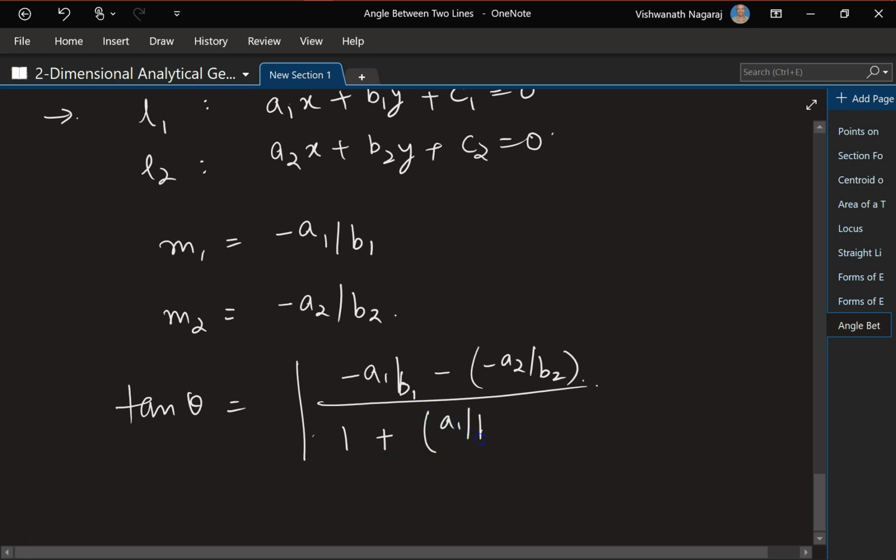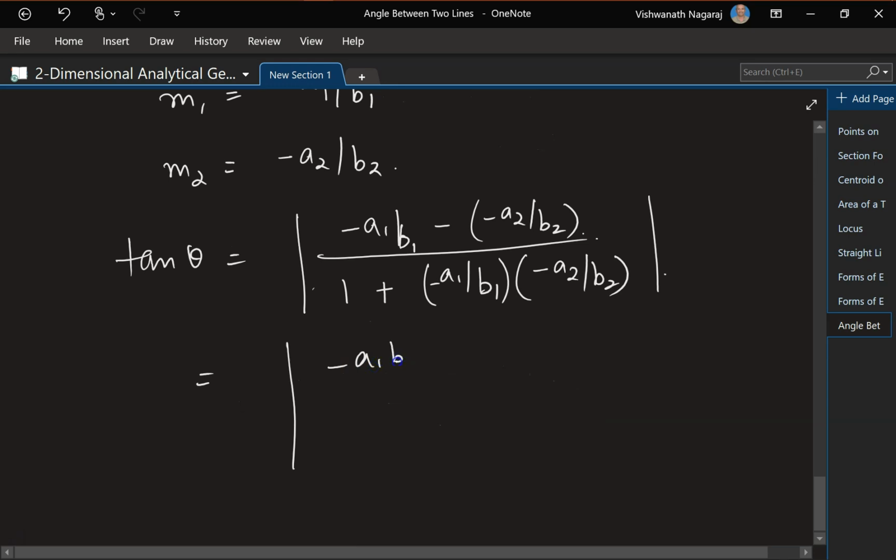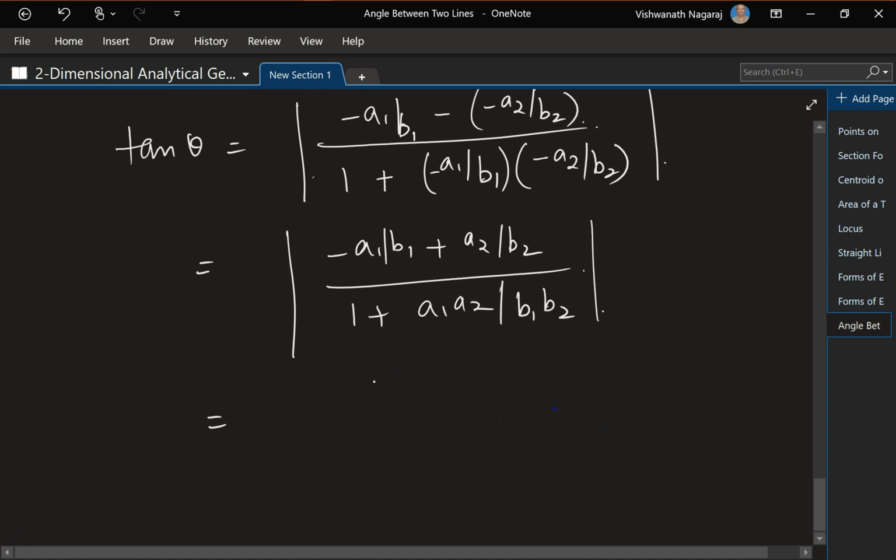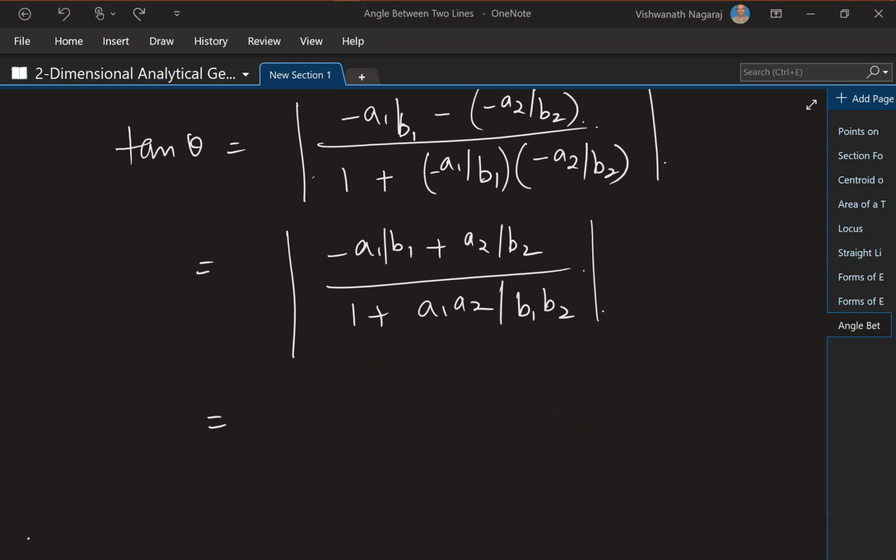So minus a1 by b1 minus minus a2 by b2, divided by 1 plus minus into minus plus, so a1 a2 by b1 b2. Now let's take the LCM and simplify this.